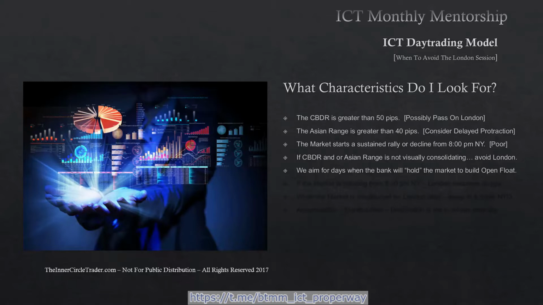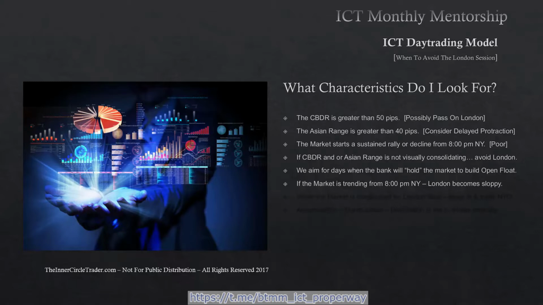So we're looking for that building up of orders. We don't need to know what the orders are or how much they are, because we're never going to know that. But we can see it indicated in how they maintain a very narrow price range through the central bank dealers range time window and the Asian range. Again, if it's not clear, if it's not obvious in a small, tight range, it's probably going to be an ugly London session, and you're not going to see a clear manipulation cycle or protractionary state.